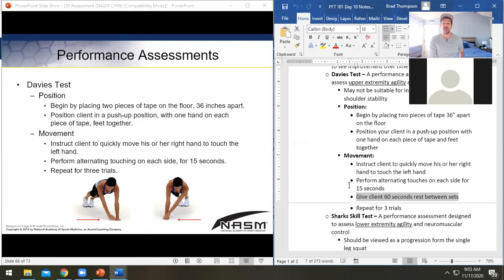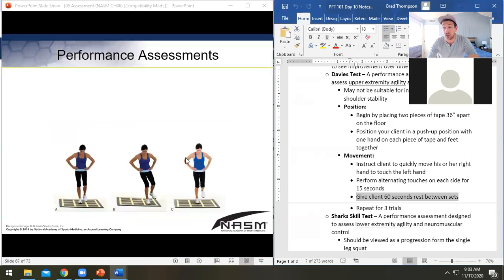You could easily say, we did 30 inches apart. We did 24 inches apart. You could do whatever you want on the assessment as long as you write it down and you're being consistent every time you assess your client. The real key here, guys, is always being super consistent with fitness assessments. Always make sure that you are doing them the same every time.